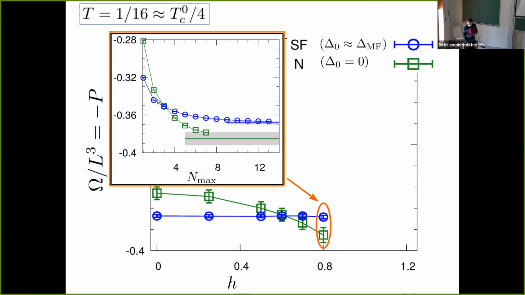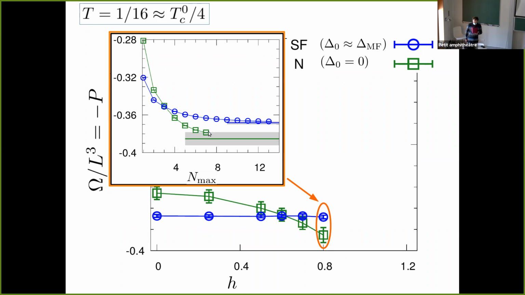For the normal series, we cannot go to that amazingly high order. Order 13 is really amazing, by the way. If you would try to do it by enumerating diagrams, it would take you completely unreasonably large time. But here we see that we can do it. And for the normal phase, it's actually more difficult to go to high orders.